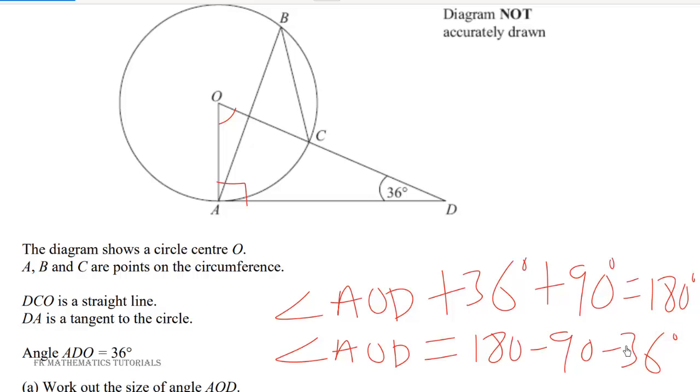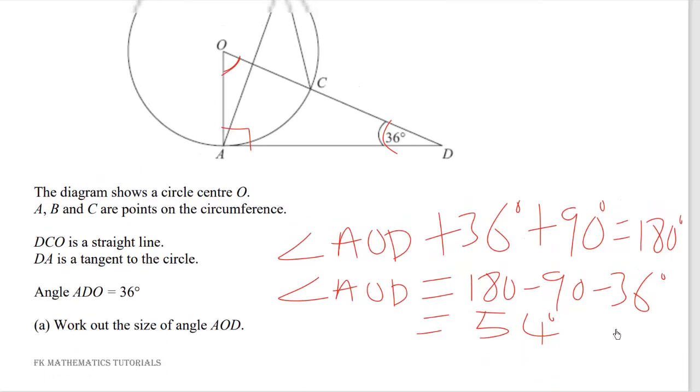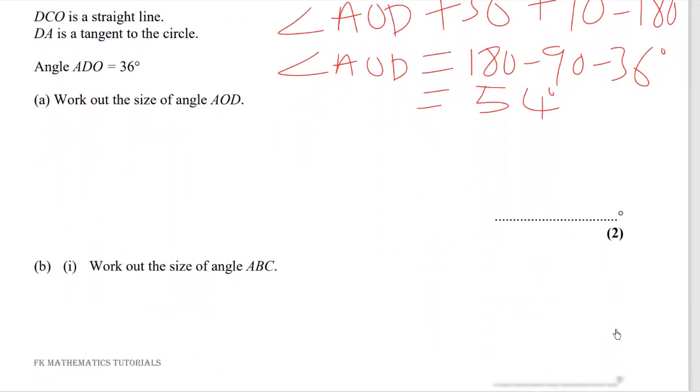So that will give us 90 minus 36, which is 54 degrees. So straight ahead, you should know that this and this should give you 90 degrees. So you can use that fact to get your correct answer. So that is angle AOD.